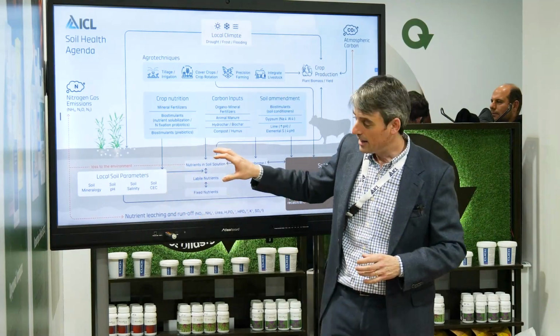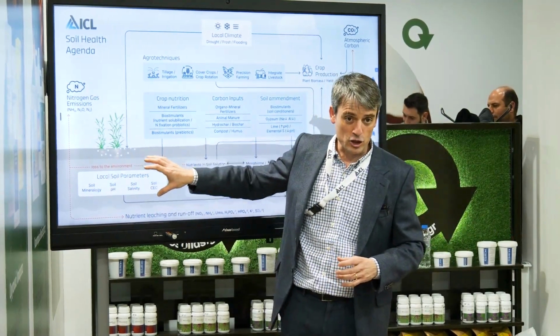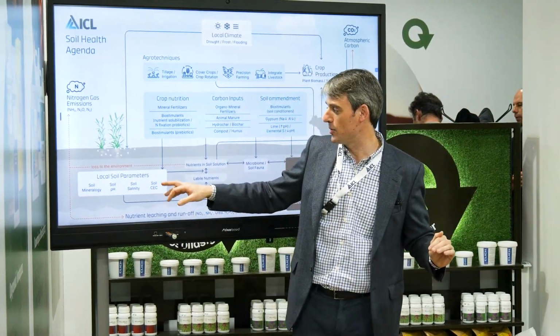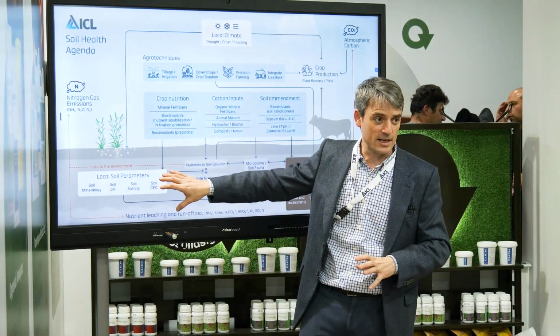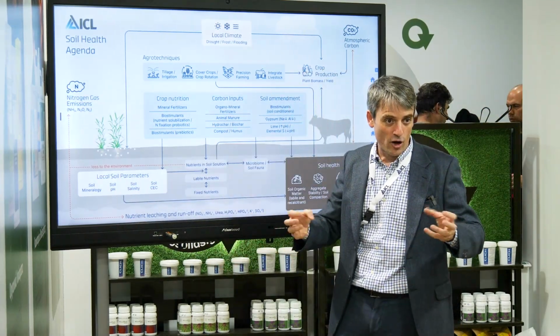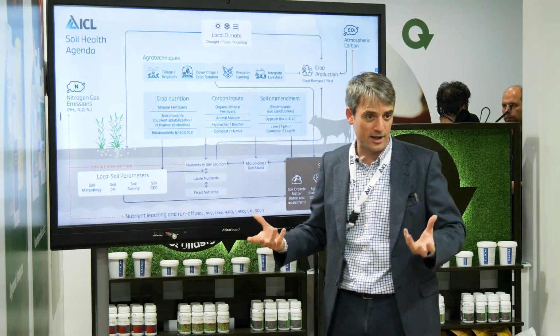In the end, we are aiming for the soil to stay at or below a certain level of salinity, to keep cation exchange capacity and soil pH, as well as the overall structure that allows the holding of water and the growth of plants.